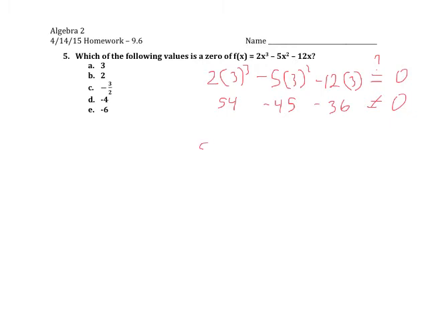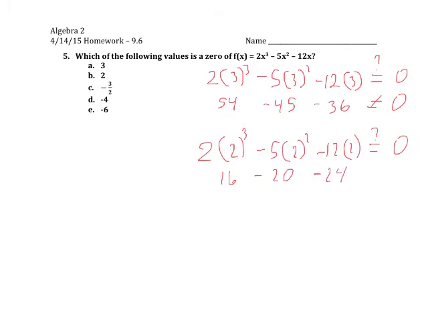Trying again with the next answer choice: 2 times 2 cubed, minus 5 times 2 squared, minus 12 times 2. Does that give me 0? Well, that would be 2 times 8, that's 16, minus 20, minus 24, that's not equal to 0 either.